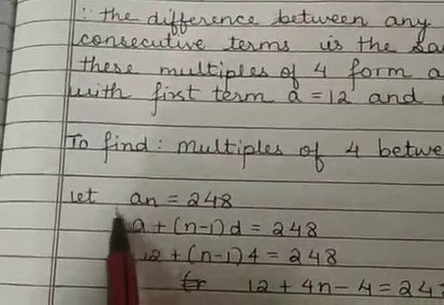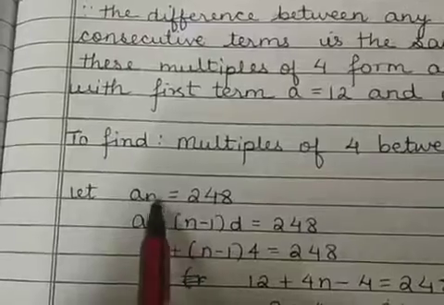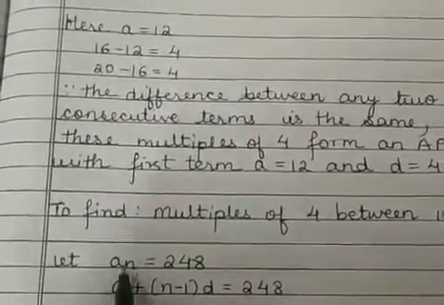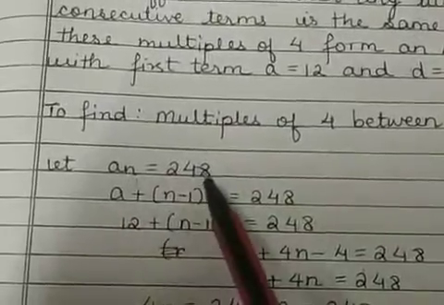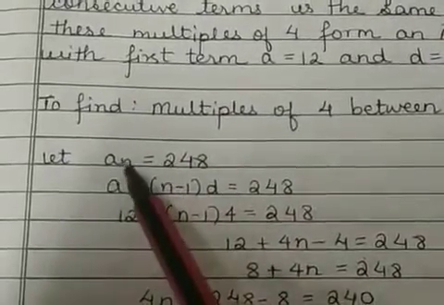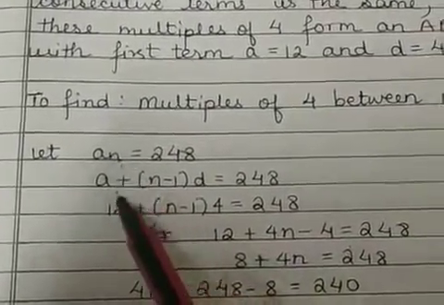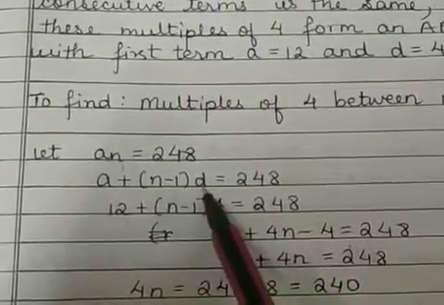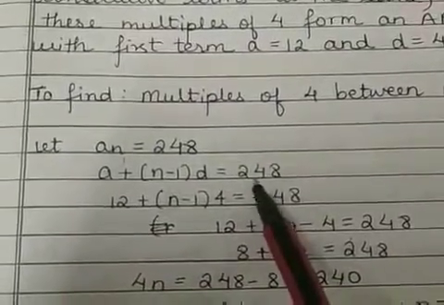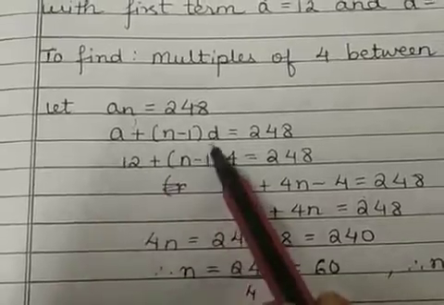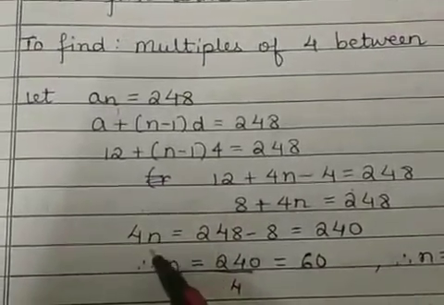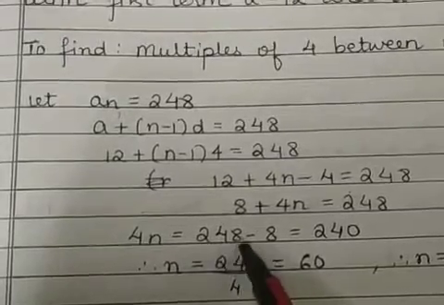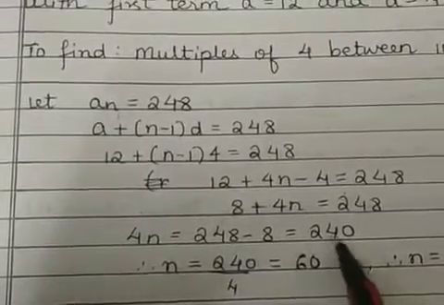Okay, from this you will get the value of n. Now an is always the last term, so an is equal to 248. Substitute the value in the formula. So a plus (n minus 1)d is equal to 248. After substituting all the values, you will get 4n is equal to 248 minus 8, which is 240.